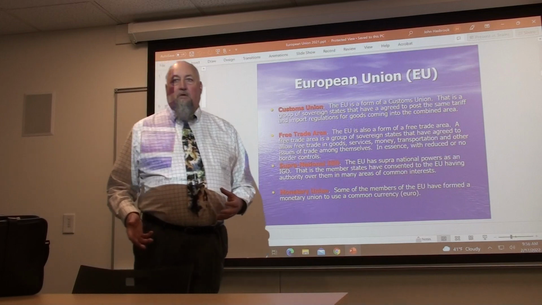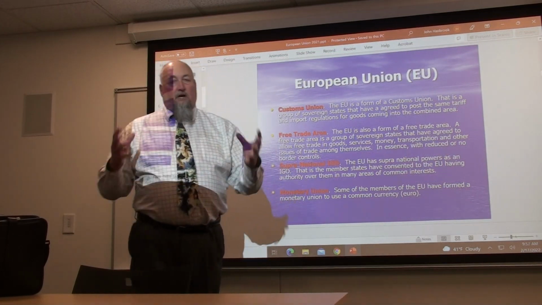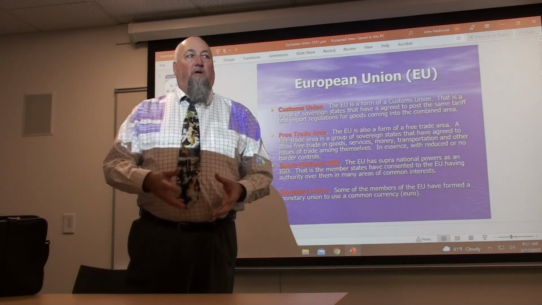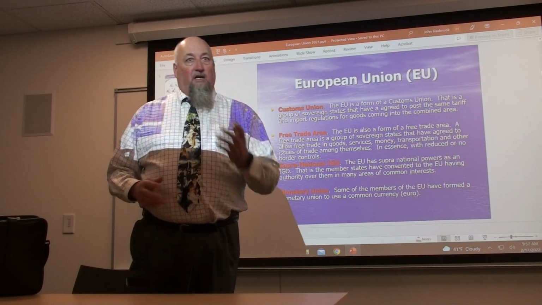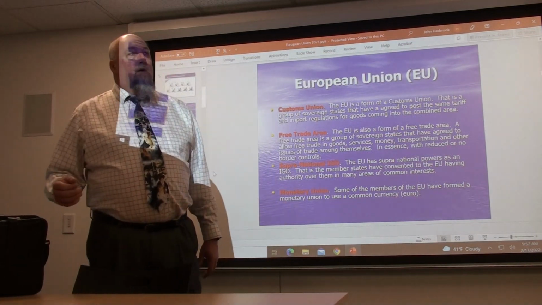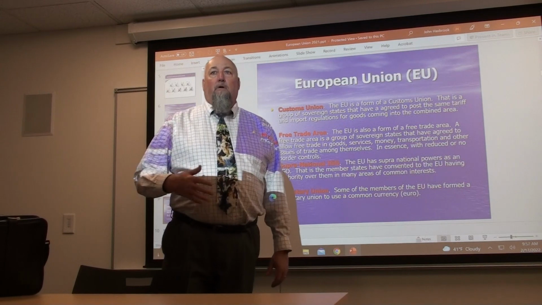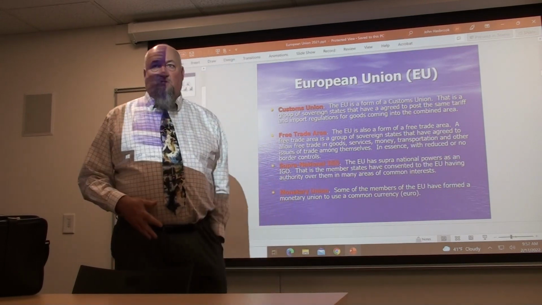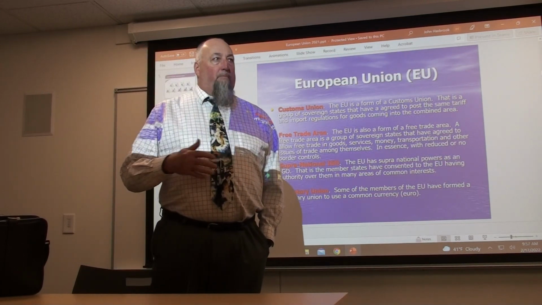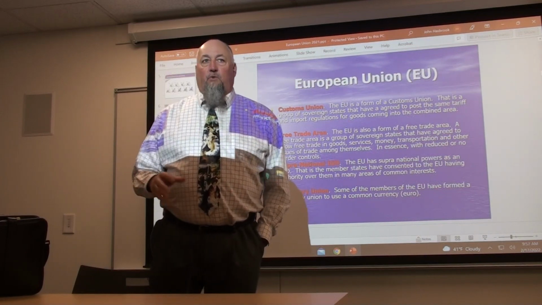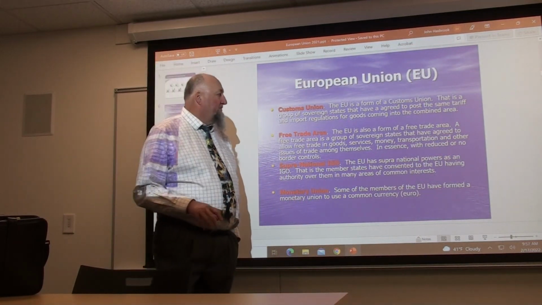So in terms of the European Union, most of the countries, once the goods are in one of the member state countries, they can be moved to another country without stopping at the border between them, without having to have customs inspections. So basically free movement of goods within those member states.